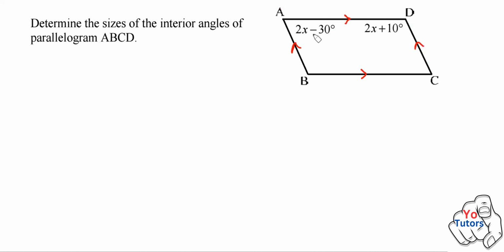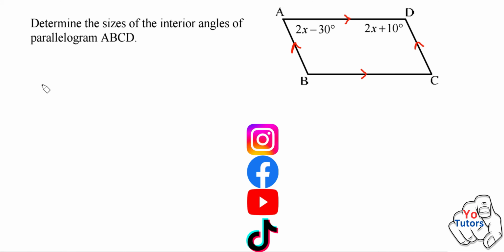Looking at these two angles here, these are co-interior angles. Now, what do co-interior angles do? They are supplementary, meaning they add up to 180. So we can use that information to calculate the angles.